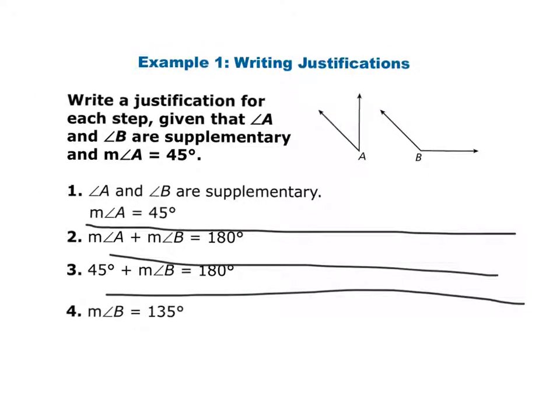What would be our reason, what we put on the right side, for step 1? We're looking at this. Angle A and angle B are supplementary, and the measure of angle A is equal to 45. So then the measure of angle B. That's the given. So this will be the given.